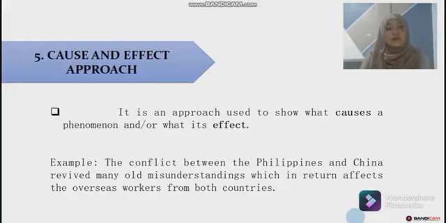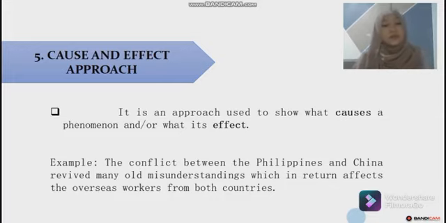As for the cause and effect approach, it is an approach used to show what causes a phenomenon and what its effect is. Cause is the reason why the thing happened, and effect is the result of what happened.